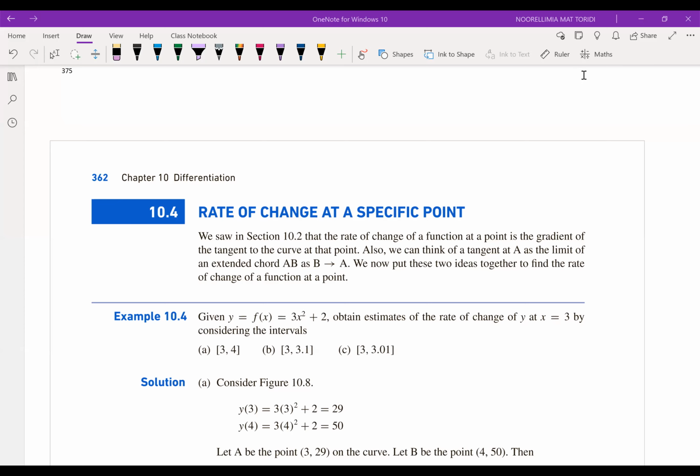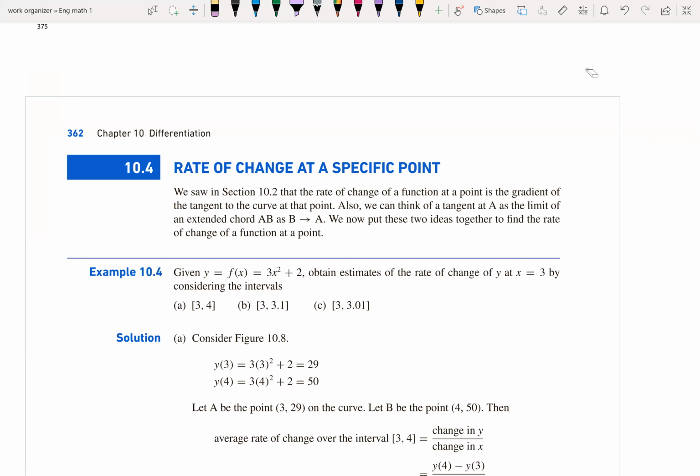Today we are going to learn a new subtopic again, which is rate of change at a specific point. The rate of change of a function at a point is the gradient of the tangent to the curve at that point.